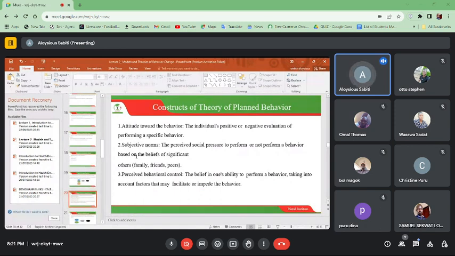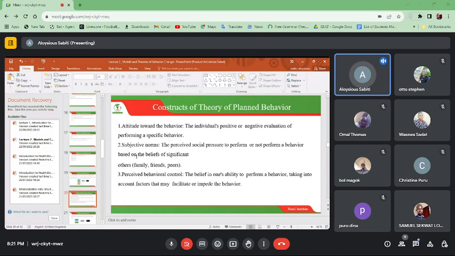Now, the second issue is the subjective norm, the perceived social pressure to perform or not perform a behavior based on the beliefs of significant others. So, what does the society believe? What is the perception of the person's family, friends, and peers about antenatal care?